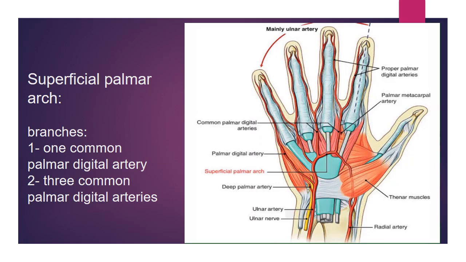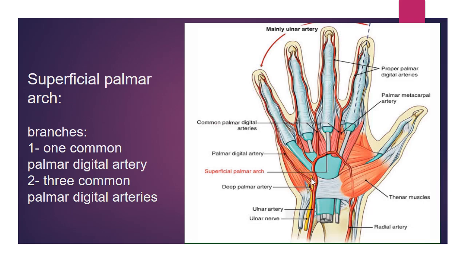Now talking about the branches of the superficial palmar arch, the first branch arising from this arch is the proper digital artery for the fifth finger, this one. This proper digital artery supplies the medial side of the little finger, as you can see here.